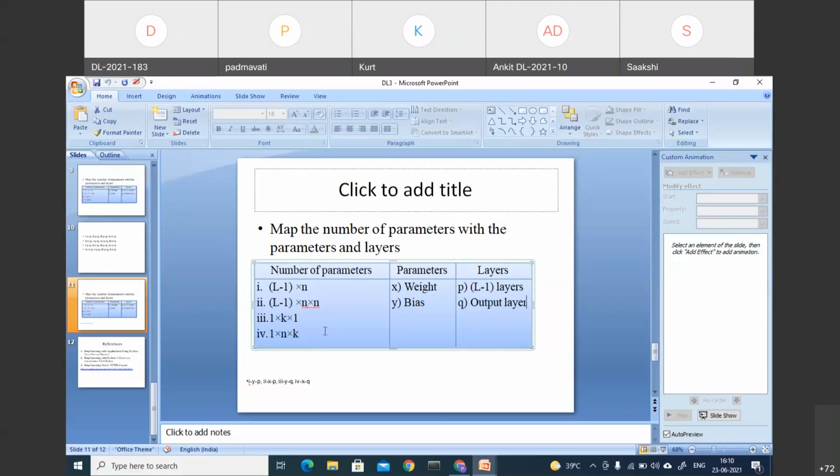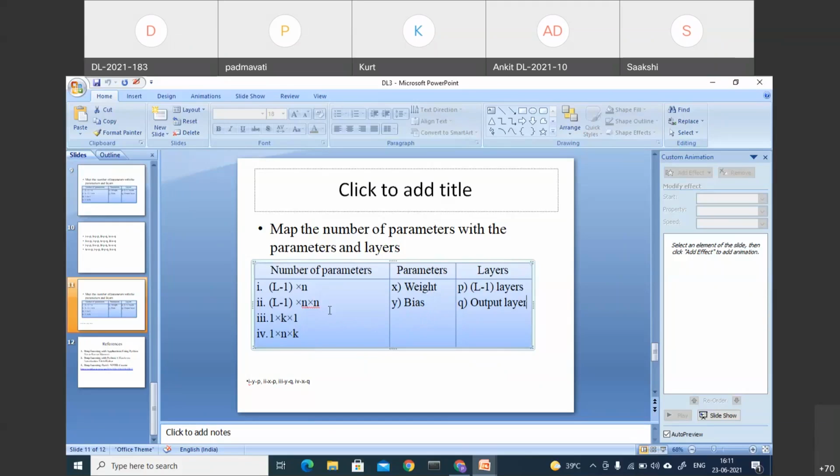Just for making you understand, or indirectly, I wanted to know whether you have understood the terms weight and bias, and with respect to them, input dimensionality and output dimensionality.